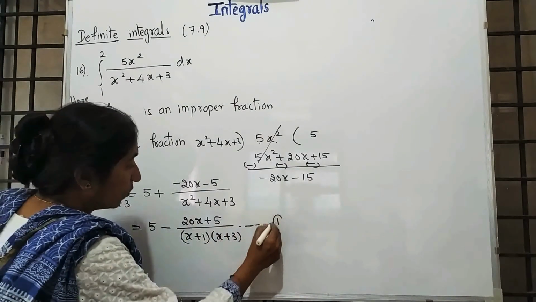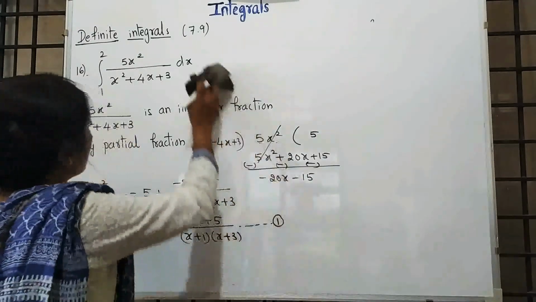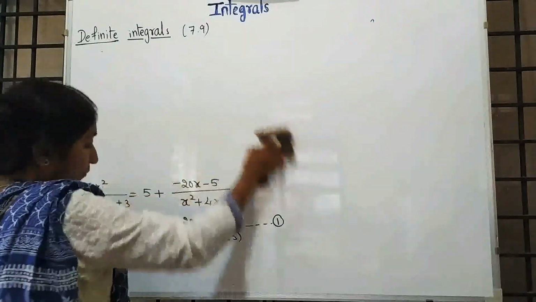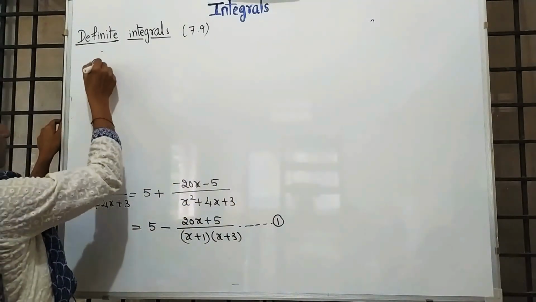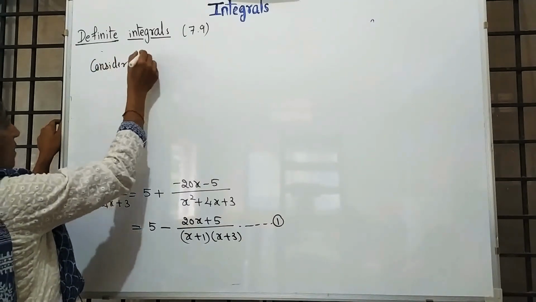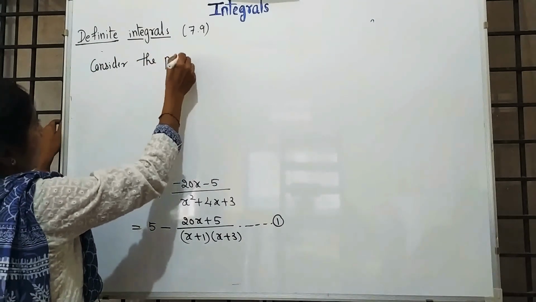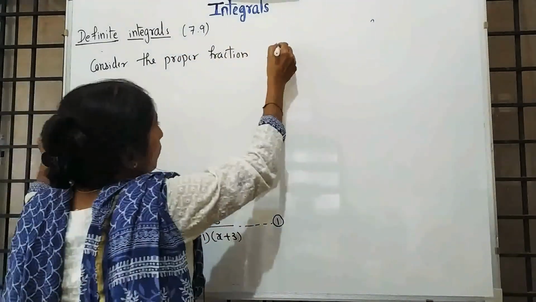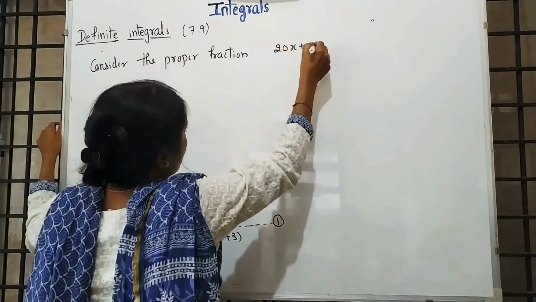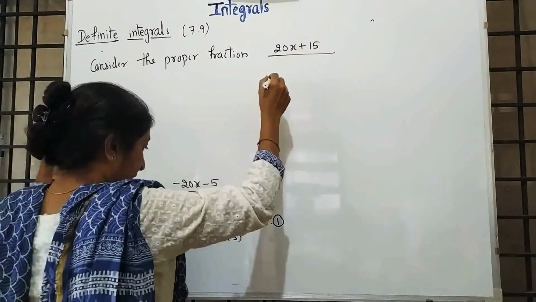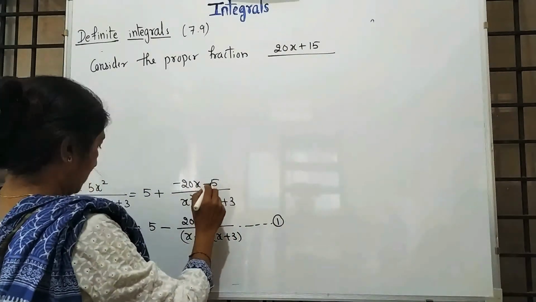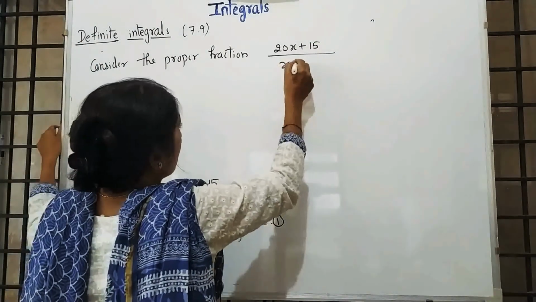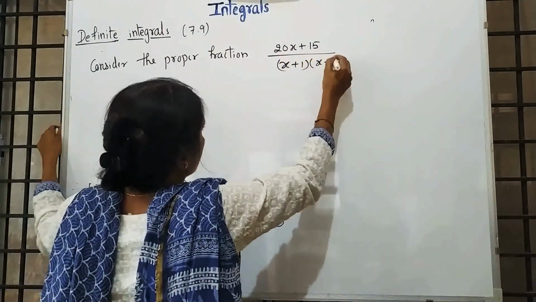In that I am taking only the proper fraction. Only that part we have to consider: 20x plus 15 divided by x plus 1 into x plus 3.